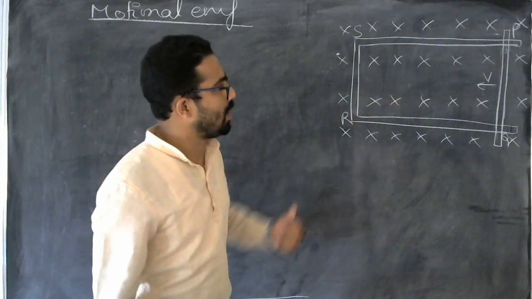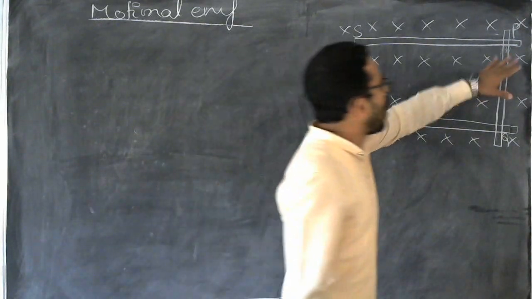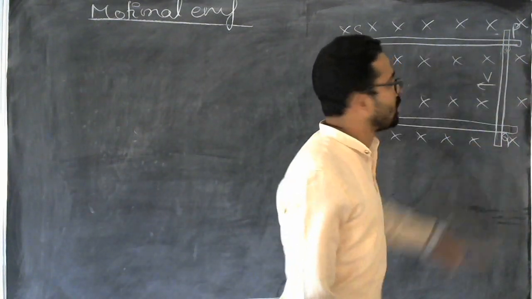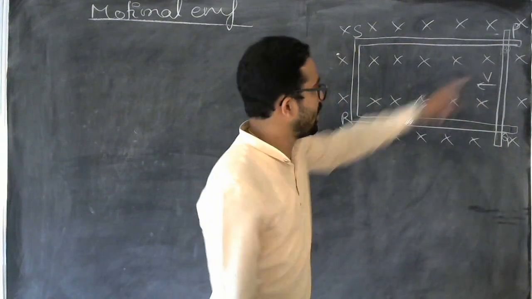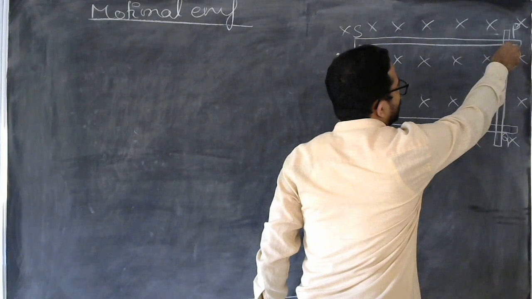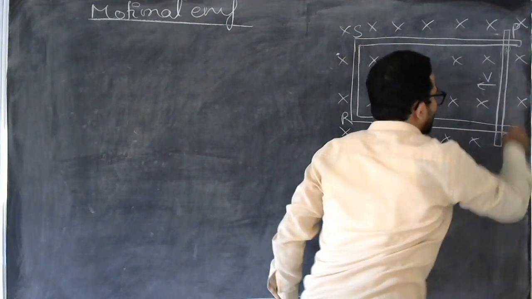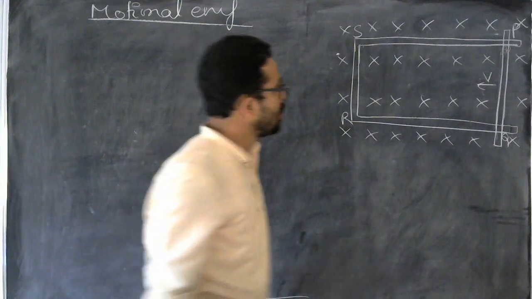It is a translational motion where all the particles have the same velocity as the whole body. So the charged particle moves with the velocity v, since it is enclosed within this rod PQ.